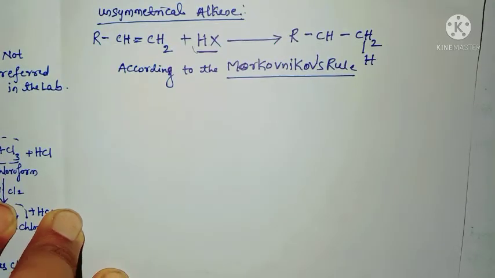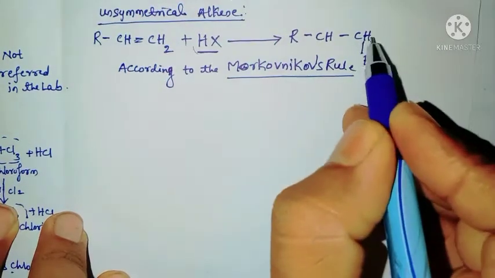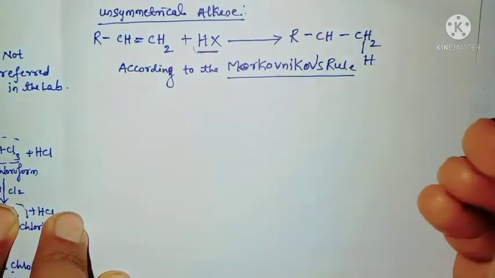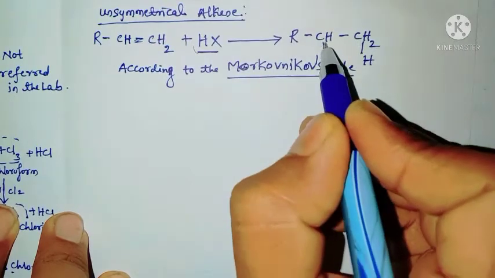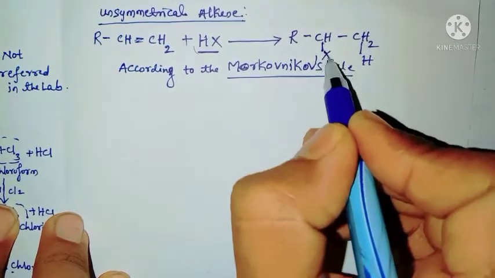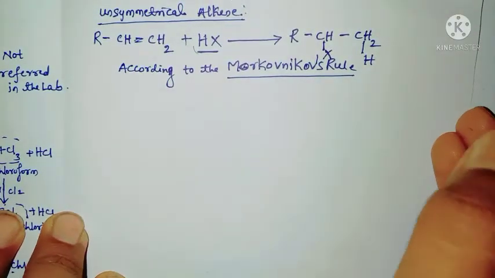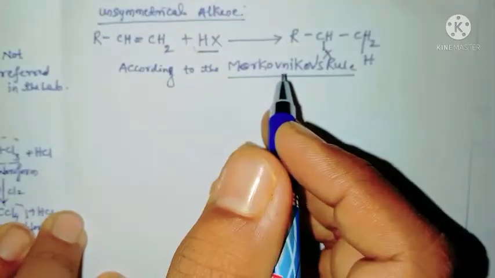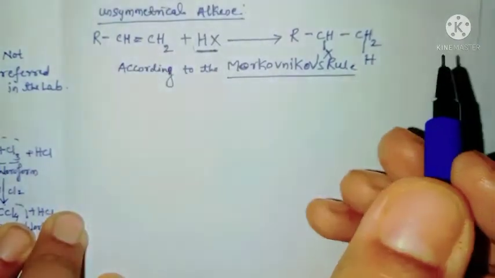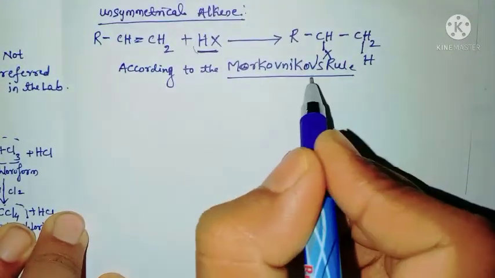Here the hydrogen atom goes to the carbon atom which has the more number of hydrogen atoms, and the halogen atom attaches to the carbon which has the fewer hydrogen atoms. This is Markovnikov's rule.